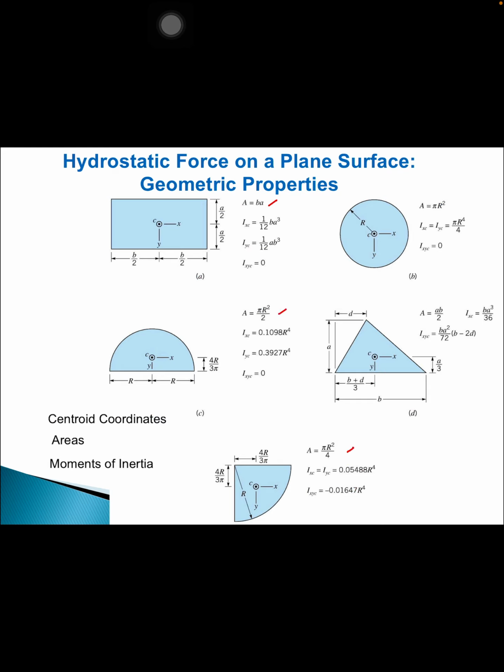We can see here we have IXC, IXYC. These will be used in calculations of the center of pressure. So where we see this, we have to calculate. It depends on the object, and we can substitute into the equation all the I values here.